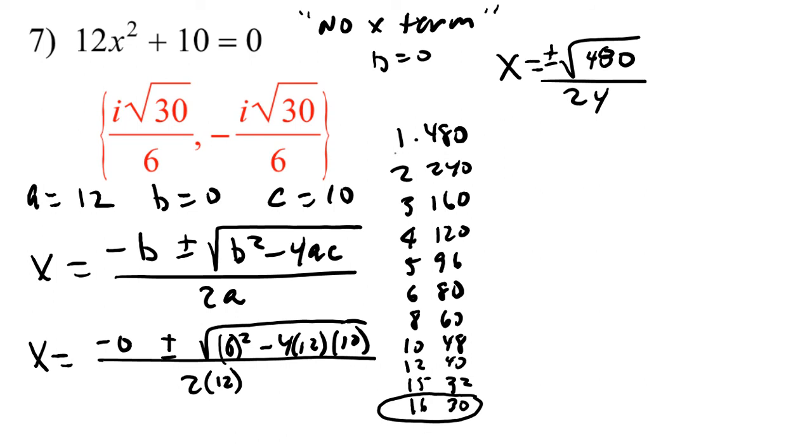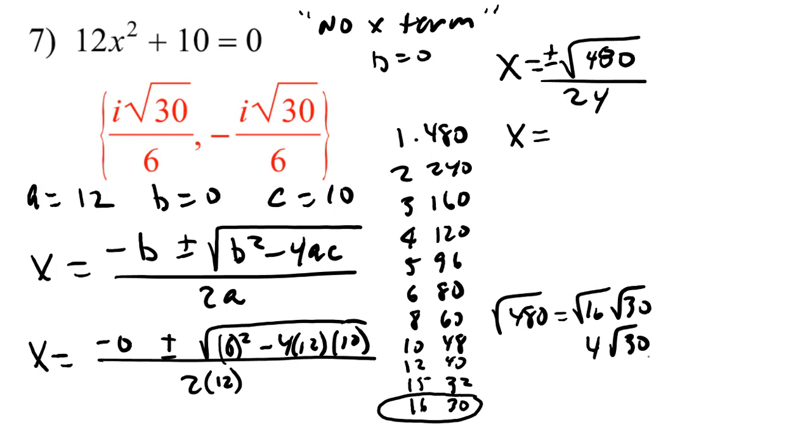As you can see, I've kind of got a systematic approach, and I'm finding the largest perfect square. And I don't think there's going to be a larger one than 16, because after that is 25, and I know 25 doesn't go into 480. So the square root of 480 ends up being root 16 times root 30, and then this is 4 root 30.